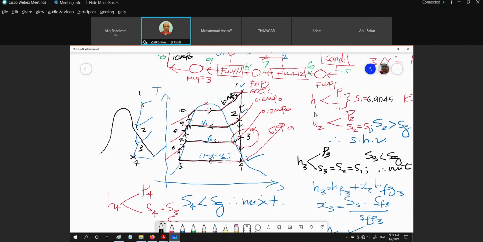What is H9? H9 is equal to HF at 0.6. How to get the H6? H6 is equal to H5 plus work 5/6, or H6 is equal to, anybody? The equation?